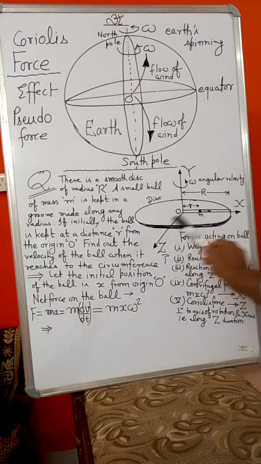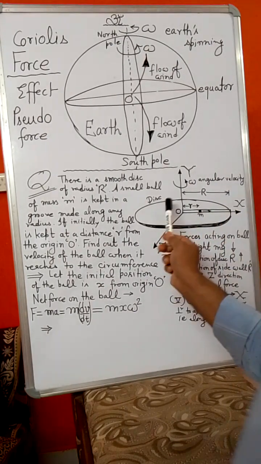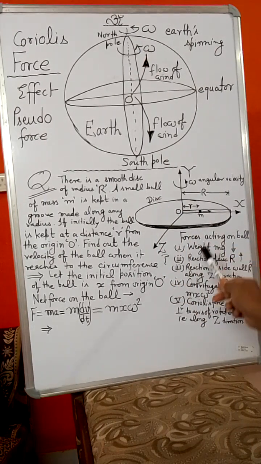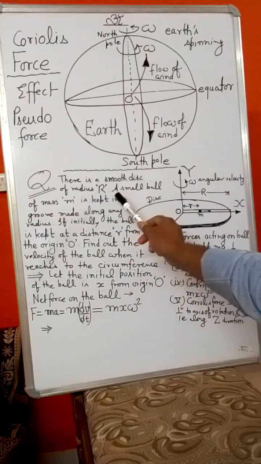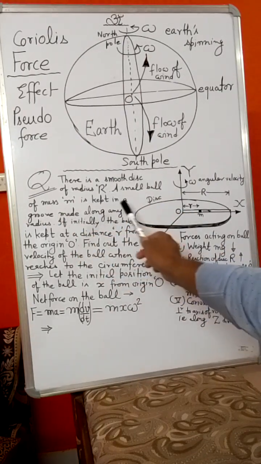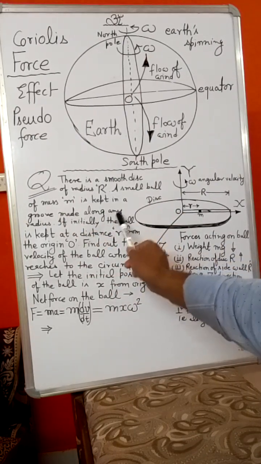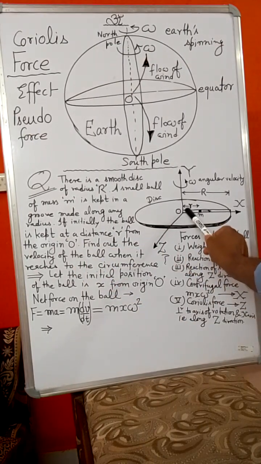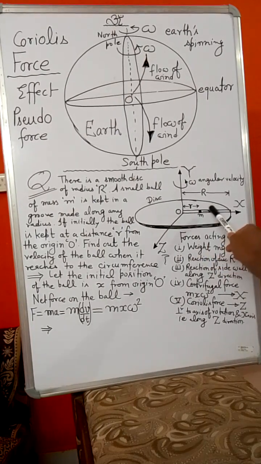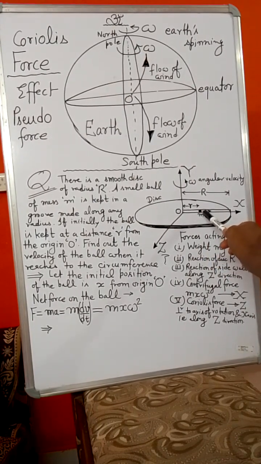The radius of the disc is capital R. The question is: there is a smooth uniform disc of radius R. A small ball of mass m is kept in a groove made along a radius.